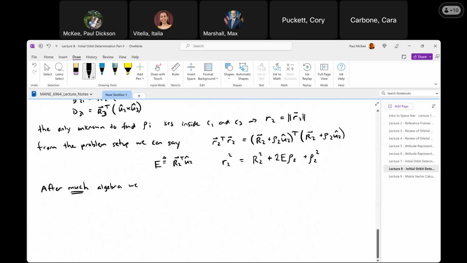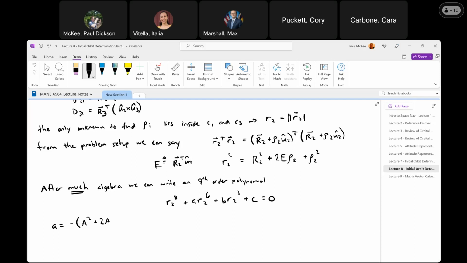We can write an 8th order polynomial, which looks like this: the scalar R2 to the 8th power plus a times the scalar R2 to the 6th power plus b times the scalar R2 to the 3rd power plus c equals 0, where little a is negative capital A squared plus 2 capital A plus R2 squared.